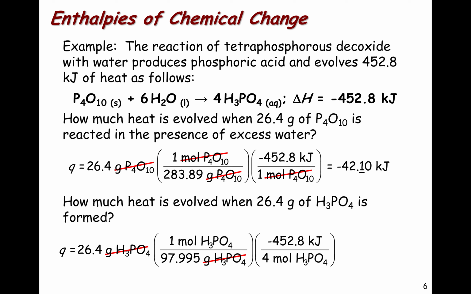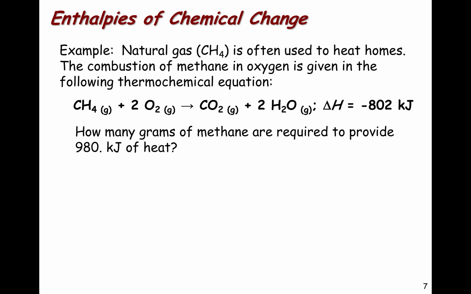In this case, there are 4 moles of H3PO4 for the negative 452.8 kilojoules. The moles of phosphoric acid are going to cancel. And so in this particular case, then, we do the math, and we are going to end up with 30.49, which then rounds to 30.5.